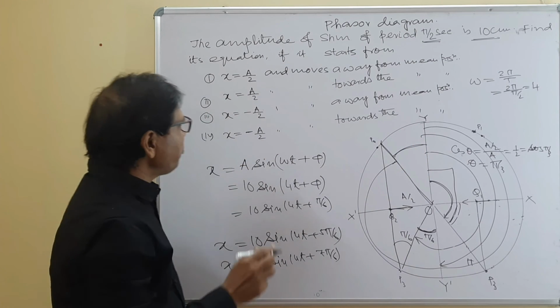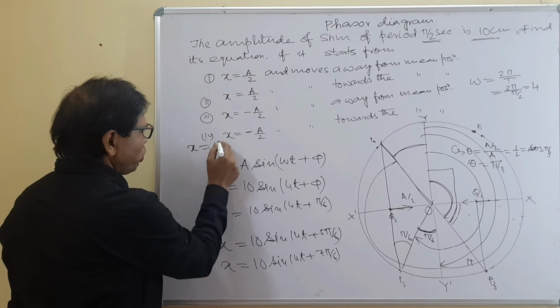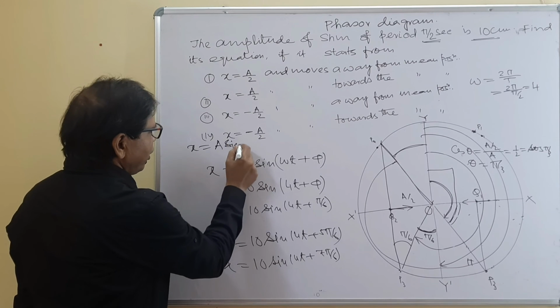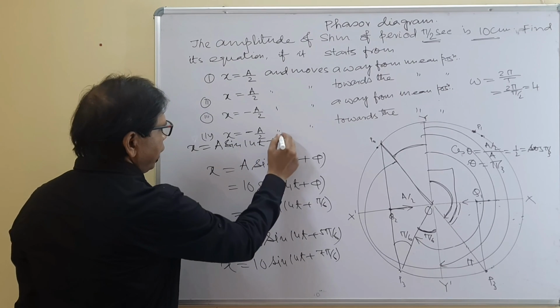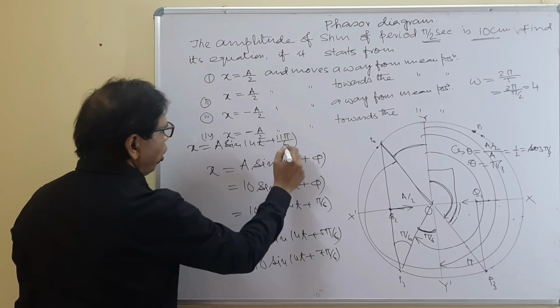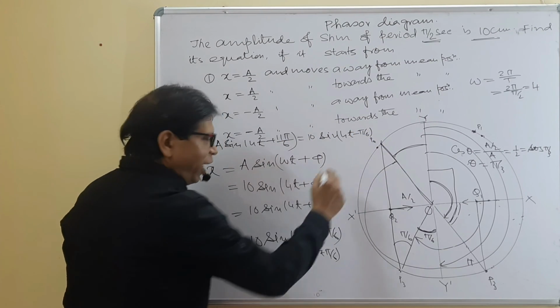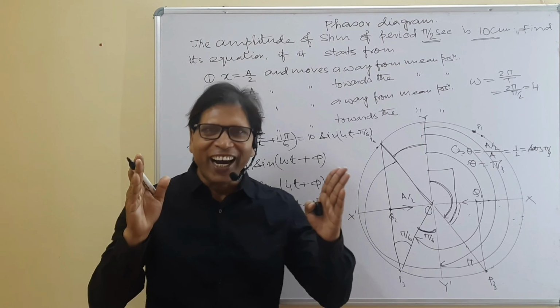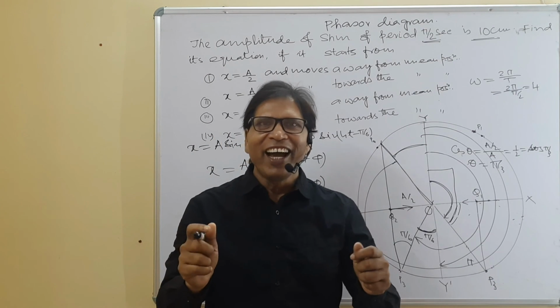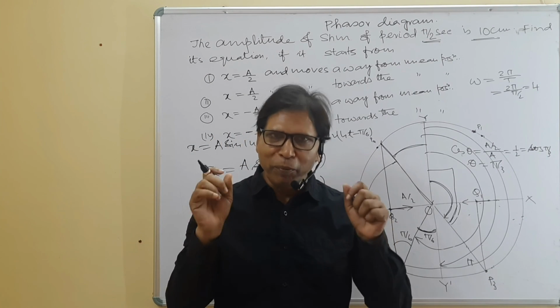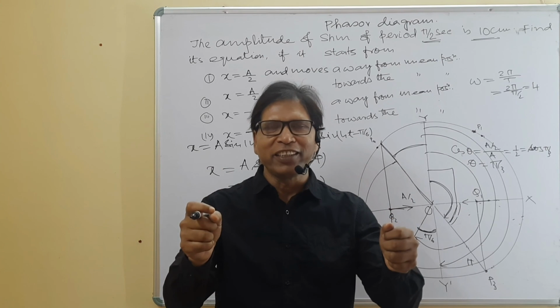So its equation may be written as x equals 10 sin(4t plus 11 pi by 6) or 10 sin(4t minus pi by 6). Okay, hope you understand this numerical, and it will help immensely to boost up your confidence.